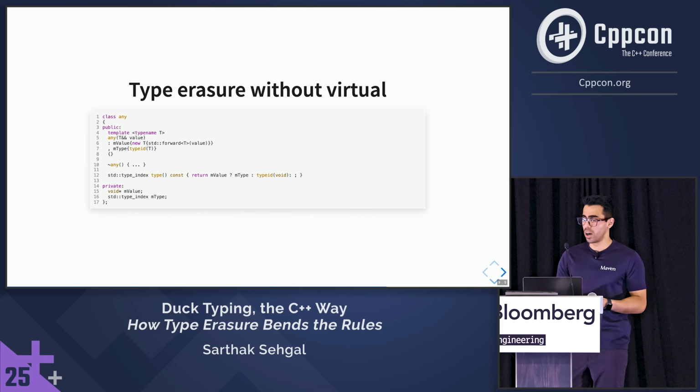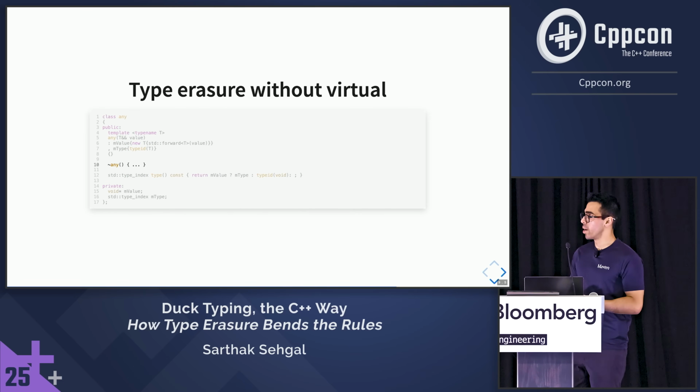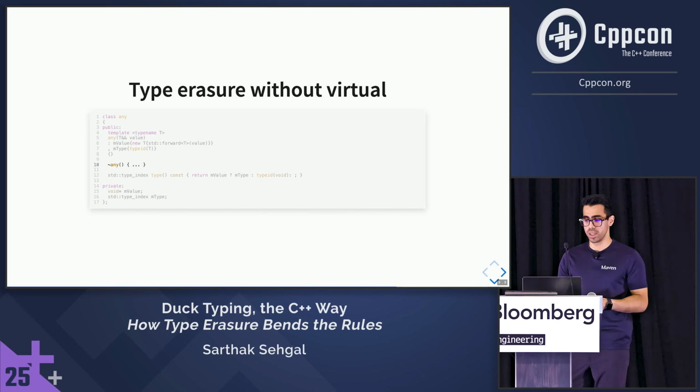Separately, it stores the type information in a std type index. So now my class has a void pointer. The challenge is, how do I delete the void pointer? I need the concrete type in order to delete it correctly.